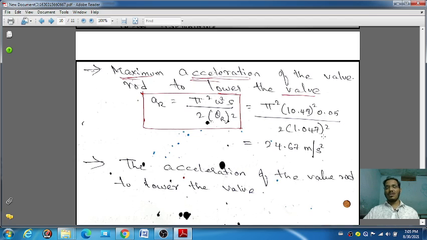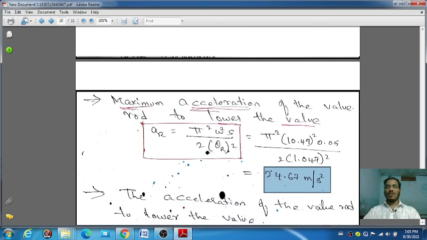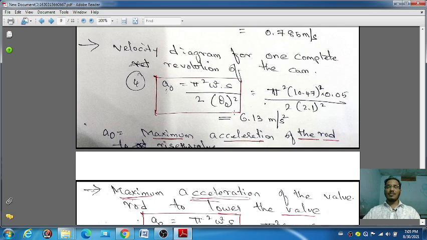This is your maximum acceleration at the lowest point of the follower, and this is your maximum acceleration at the highest point of the follower. While it goes to the point of maximum height, the acceleration of the follower will be reduced. That's why we are getting 6.13 here.